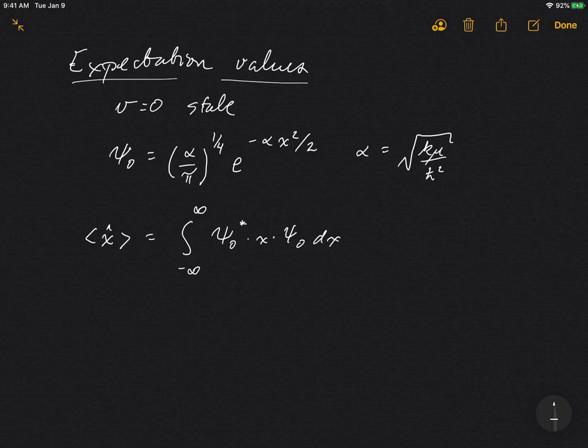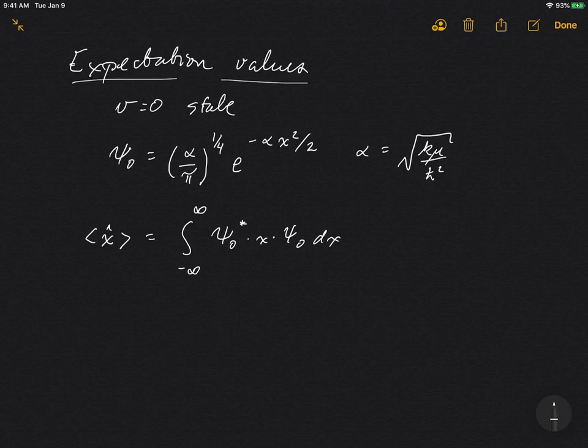It can't be, say, in the particle in a box case, where it goes from 0 to a, so that throws off our even odd function argument a little bit. We have to adjust it. But for this case, we're integrating from minus infinity to infinity, so it's a symmetric integral in terms of its range.